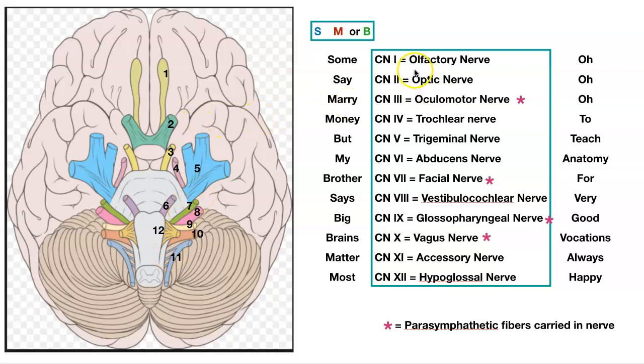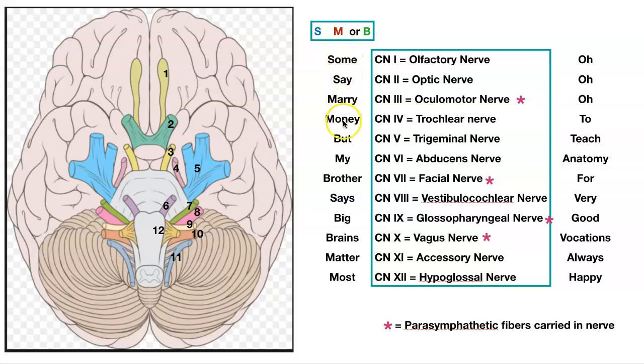When you're looking at these and trying to make sense of them, remember we said some were sensory only, some were motor only, some had sensory and motor. This is the classic way that medical students and anatomy students for years have learned if they're sensory, motor, or both. You just learn this.